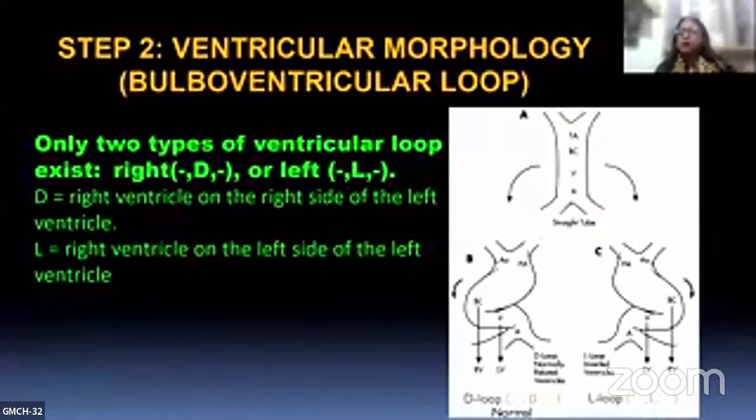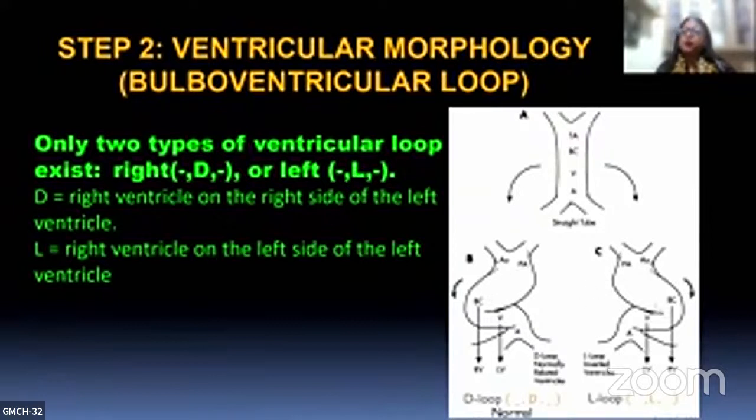As the ventricle is basically a tubular structure, during embryology it turns either towards the right or towards the left side. When it turns towards the right side, the D loop, the right ventricle will be on the right side of the left ventricle. We call it a D loop of the bulboventricular or the ventricular morphology.